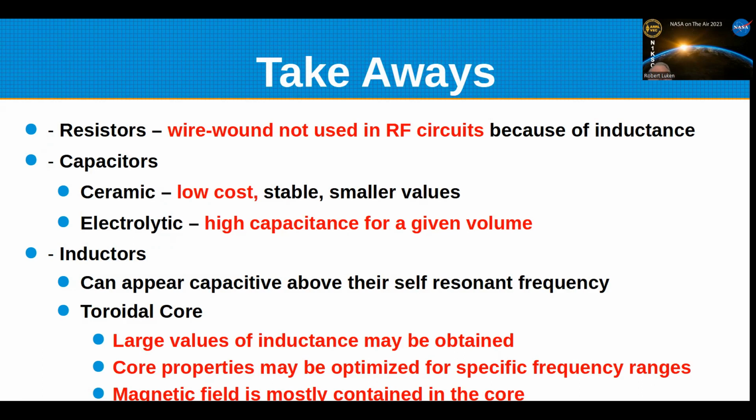Electrolytic capacitors have a high capacitance, but they're polarity sensitive. Inductors can appear capacitive above their resonant frequency. Toroids can give you a large value of inductance. They can be optimized for specific frequencies, and the magnetic field is mostly contained in the core.